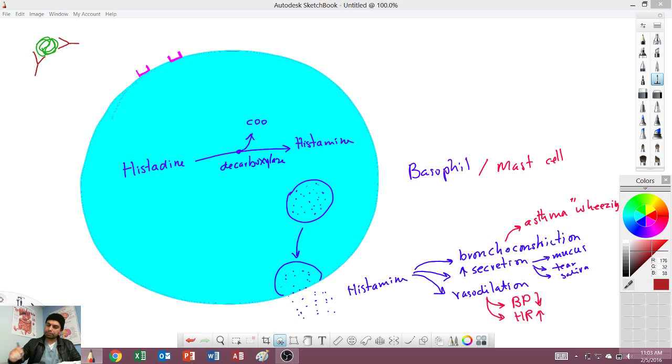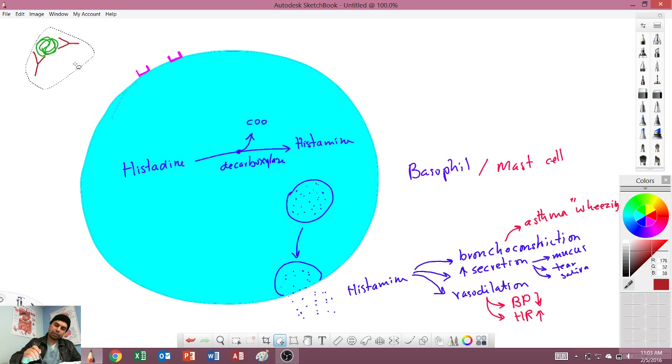This can come, and who has the receptor for this? Basophil. That's right. Let's bring it down, rotate it, and put it back here. And now we got the product.